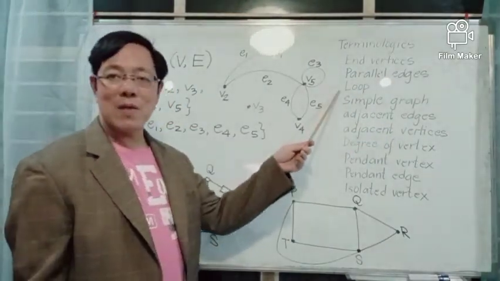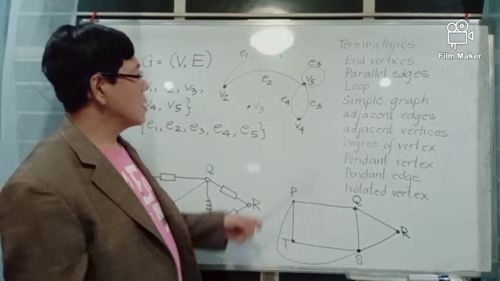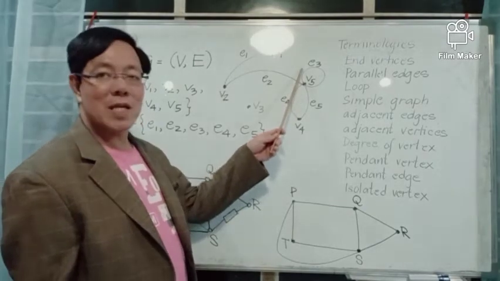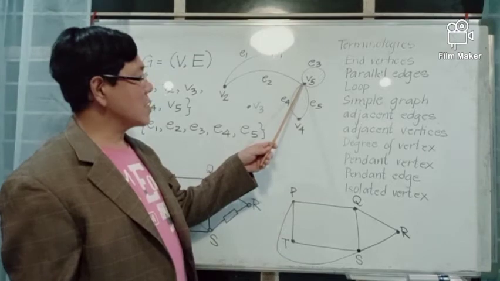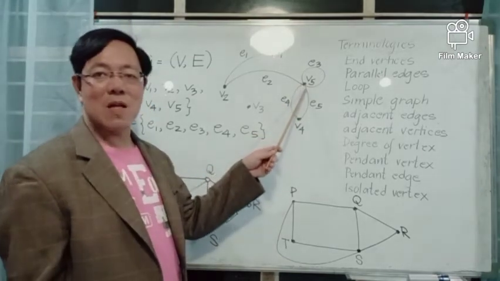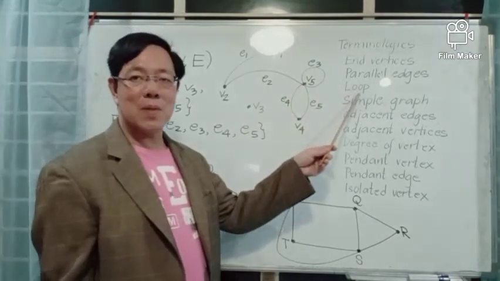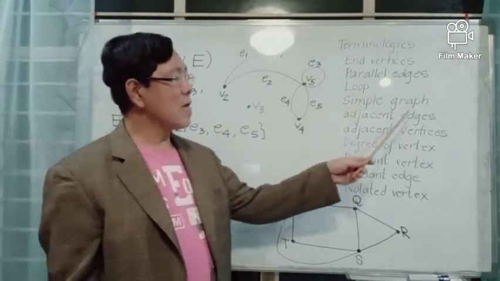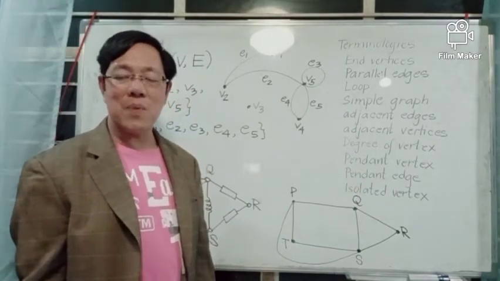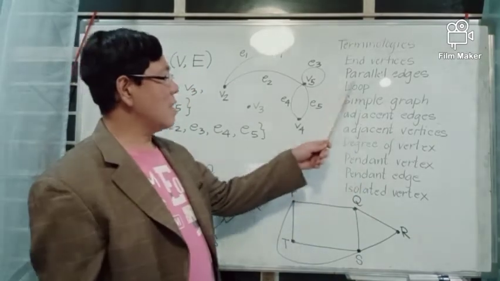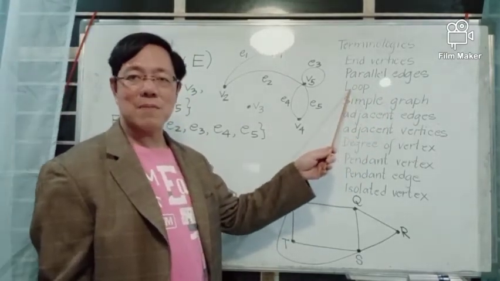A loop we defined earlier is an edge that connects a vertex to itself. In this example, edge E3 is a loop because it connects the vertex B5 with itself. Thus, edge E3 is a loop. We say a graph is simple if the graph does not contain parallel edges, and it does not contain loops.